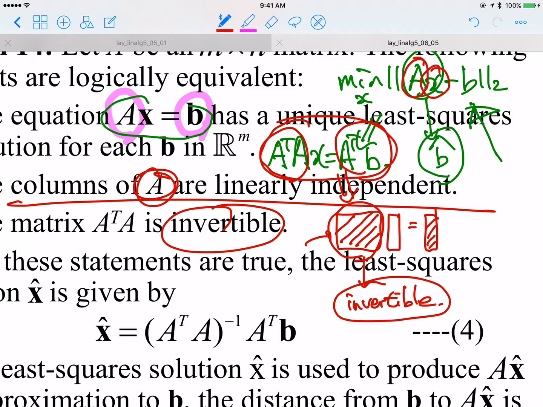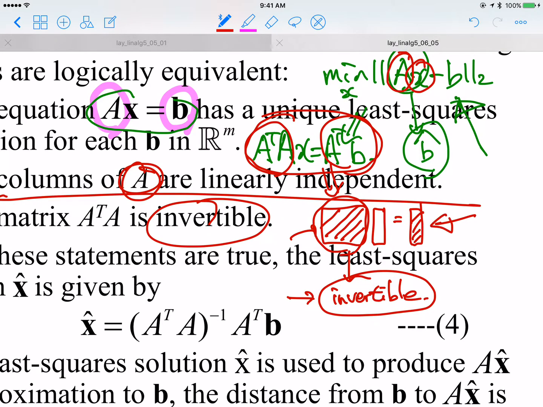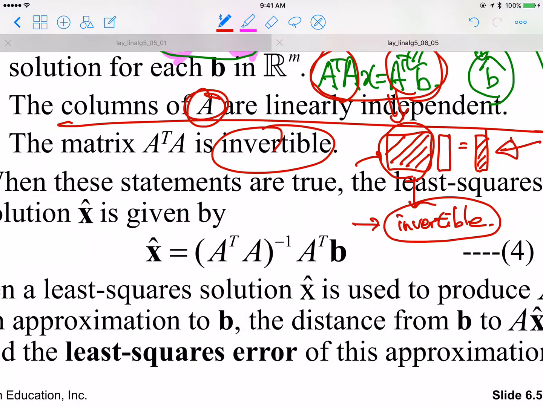So all these many items that we saw in the invertible matrix theorem, right? You guys remember that, right? And so that should be invertible if the solution for this linear system is unique, okay?